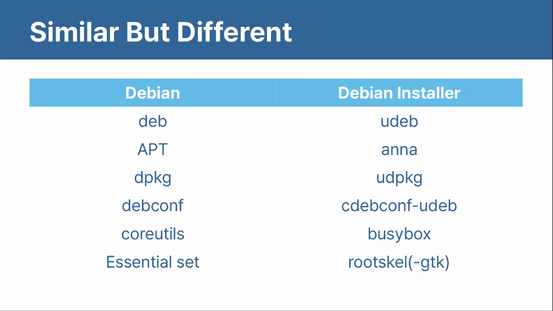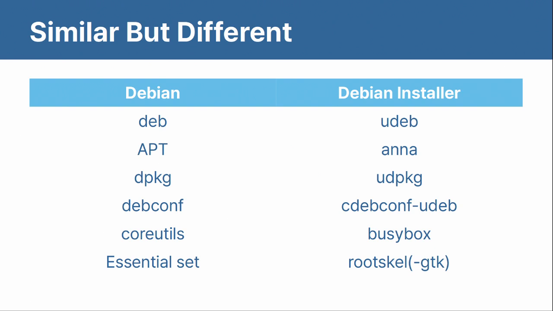that is similar to Debian, but quite different. We have the distinction of deb packages and micro-deb, udeb packages, where things are very much stripped down so that it could fit on a floppy disk from 20 years ago.